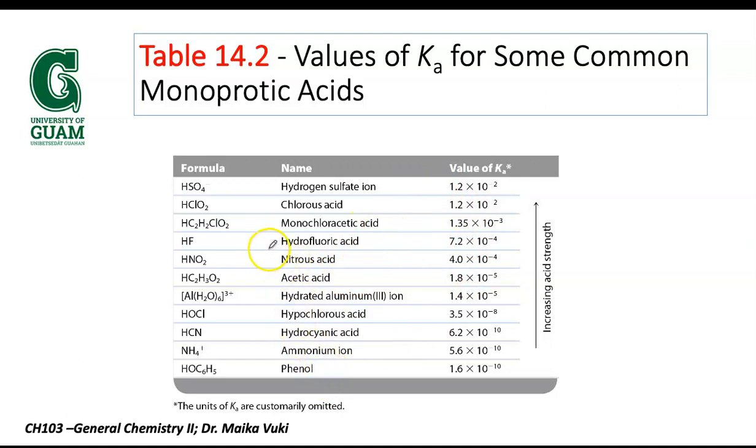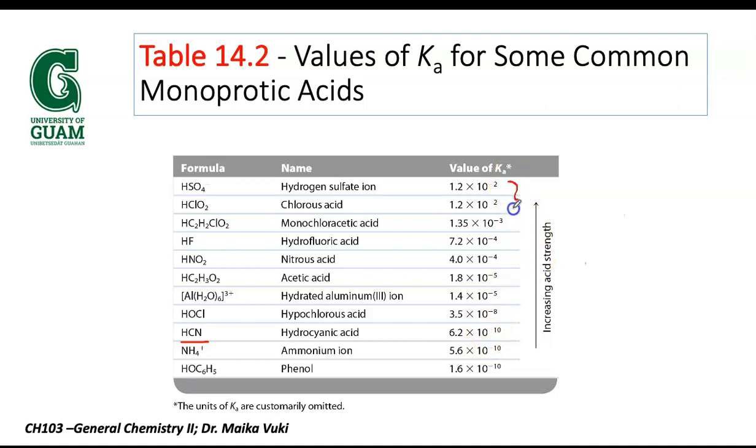Let's just look at a few of these. Hydrofluoric acid, HF, that's 10 to the minus 4, its Ka value. Let's look at HCN, that's hydrocyanic acid, that's 10 to the minus 10. These are very low. So you can sort of see the categories.